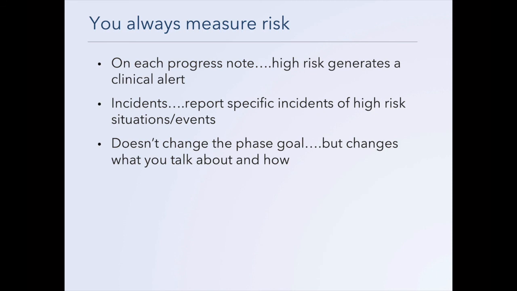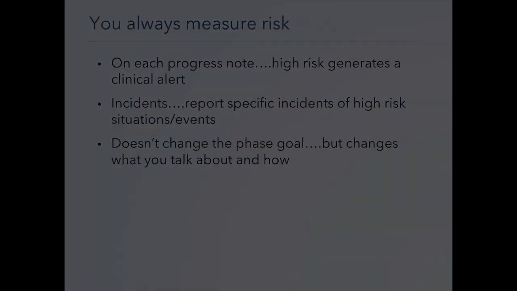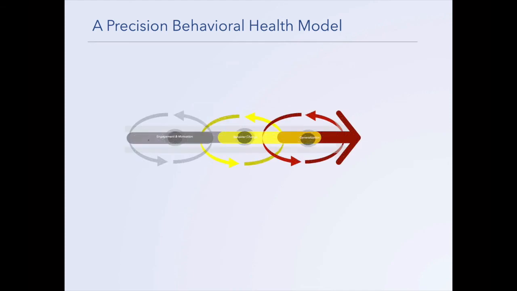Remember, with risk, don't change the phase goals. Change what you talk about and how you talk about it. All of these matching features, whether it's matching to risk, whether it's matching to developmental status, whether it's matching to relational functions in the family, these all represent the precision behavioral health approach that FFT-TCM is based upon.